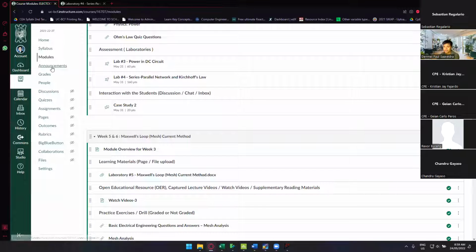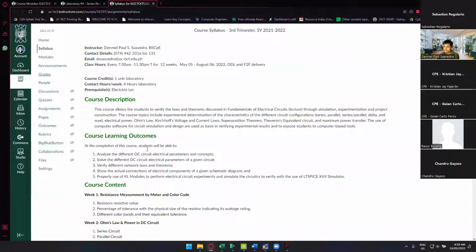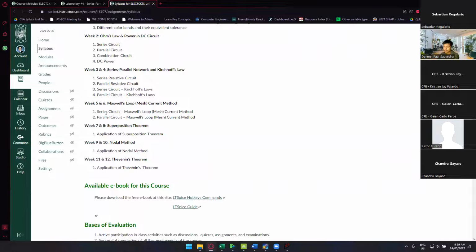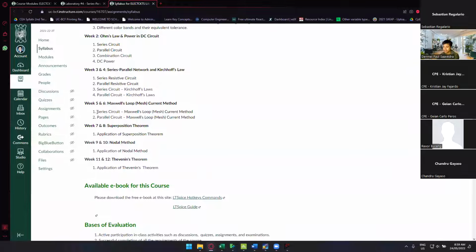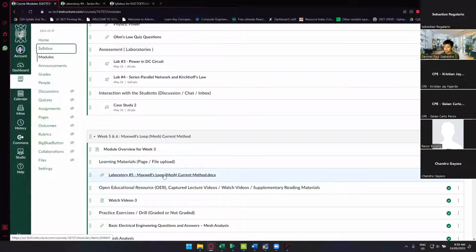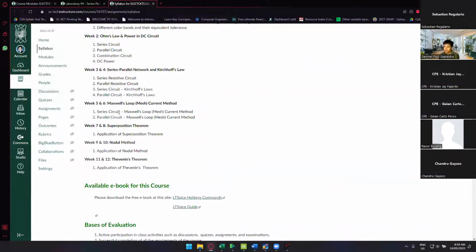Let me check the syllabus. This is Maxwell loops, mesh, planet method. Week 5 and 6, series parallel. I think I have to change the definition of this one. We only have one topic for this, which is the combination of series circuit and parallel circuit.